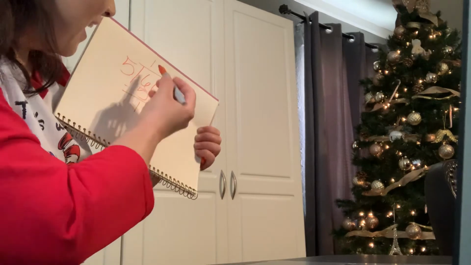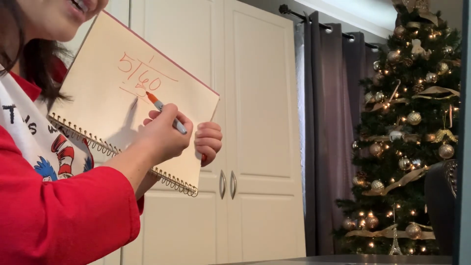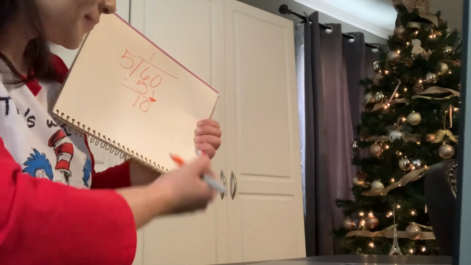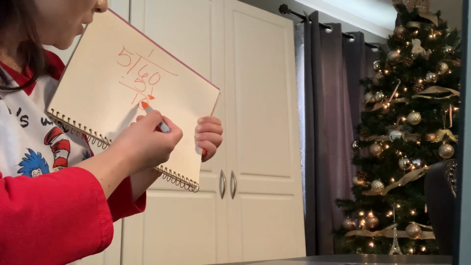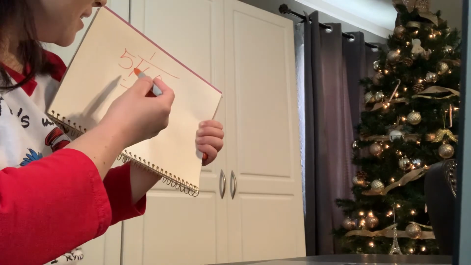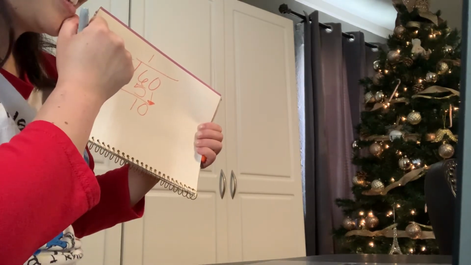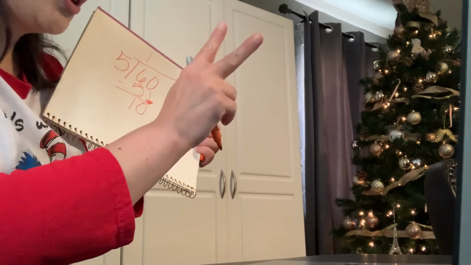So I divide, I multiply, I subtract, now I bring down. Okay, so 10 divided by 5 is how much? 2, you're right.